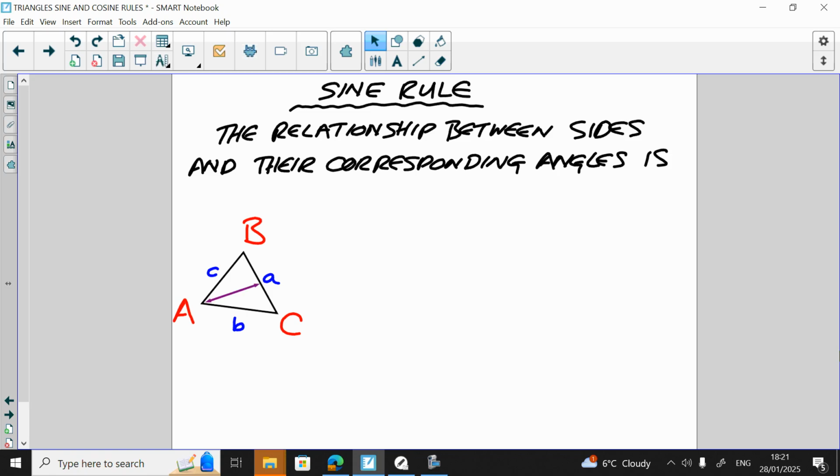So if I pick an angle big A and its corresponding length small a, we can come up with some sort of relationship, some sort of connection.